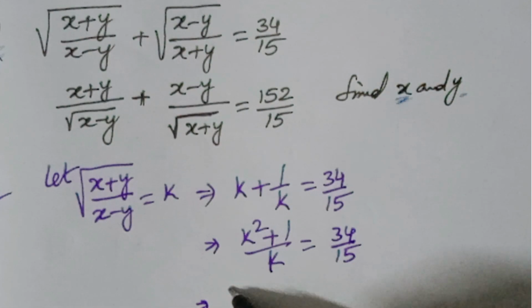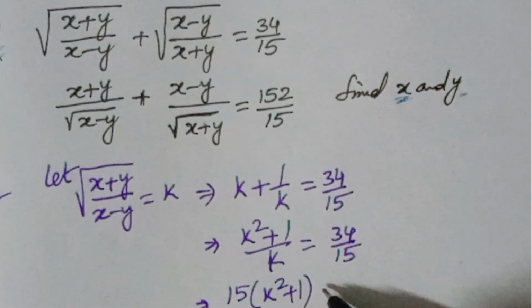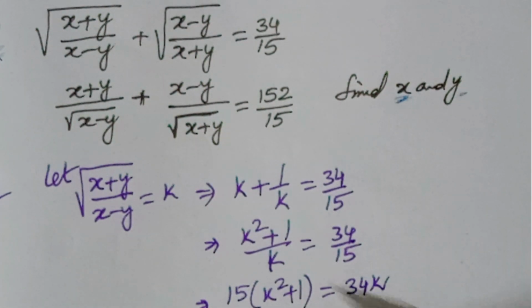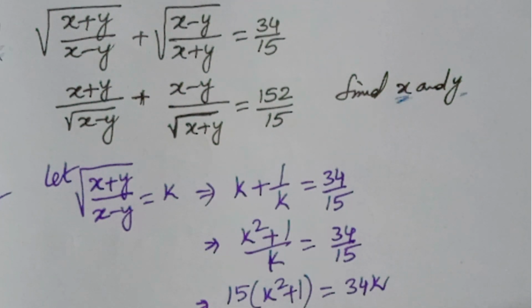Cross multiply: 15 into (k square plus 1) is equal to 34k. So you can write 15k square plus 15 is equal to 34k. So 15k square minus 34k plus 15 equal to 0.